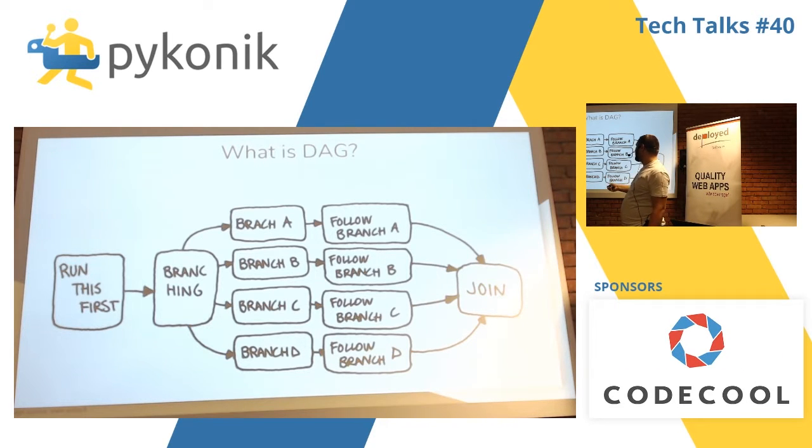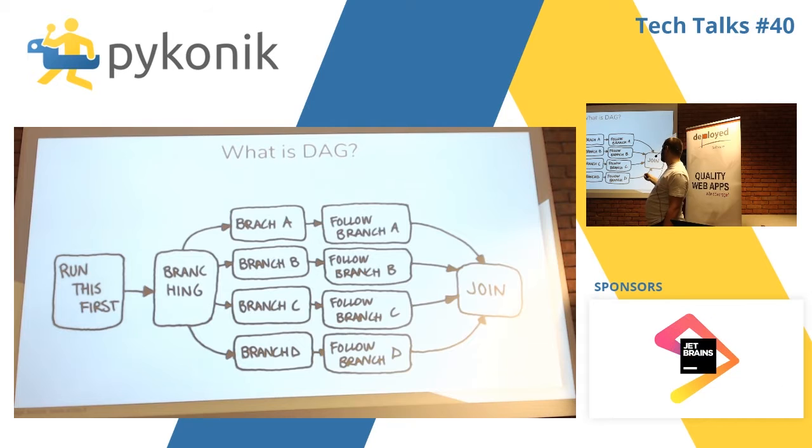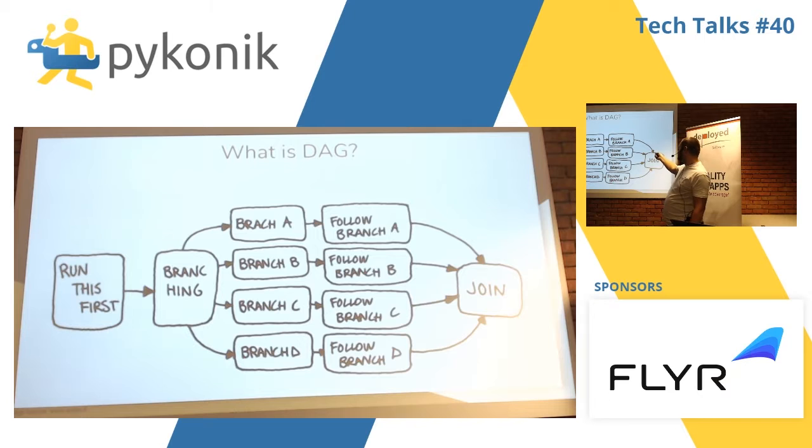As you see, there is some task that you run first, some branching, some processing in each branch, and a join at the end. Of course, you don't need to end with a join. You can end with different nodes, for example, 5 nodes. Each node ends with, for example, writing some files on different servers.